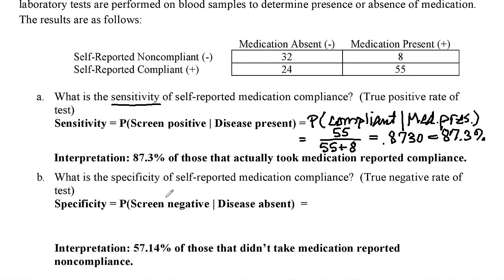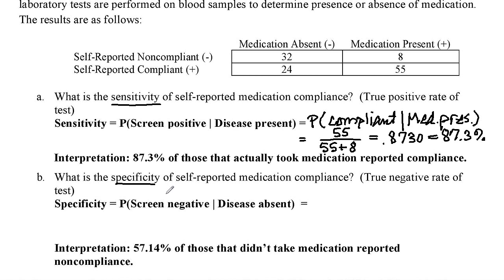Part B is asking, what is the specificity of self-reported medication compliance? That's asking, what is the true negative rate of this test? Disease is absent, and out of people where the disease was absent, how many did the test say were negative for the disease?